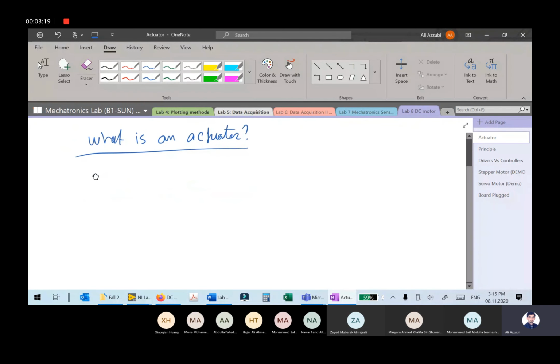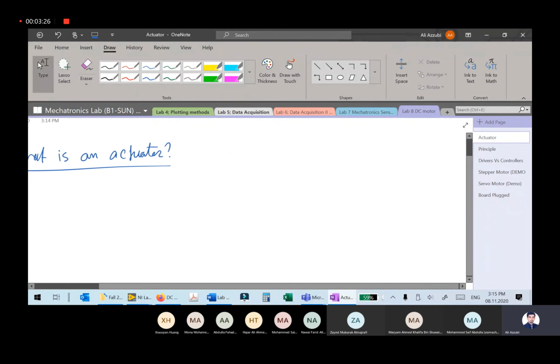What does that mean, basically, in any system? Let's take an example. Imagine you have this mug. It is a heater mug, so this is a heater in general. Inside the mug you have a liquid, and you want to heat the liquid.